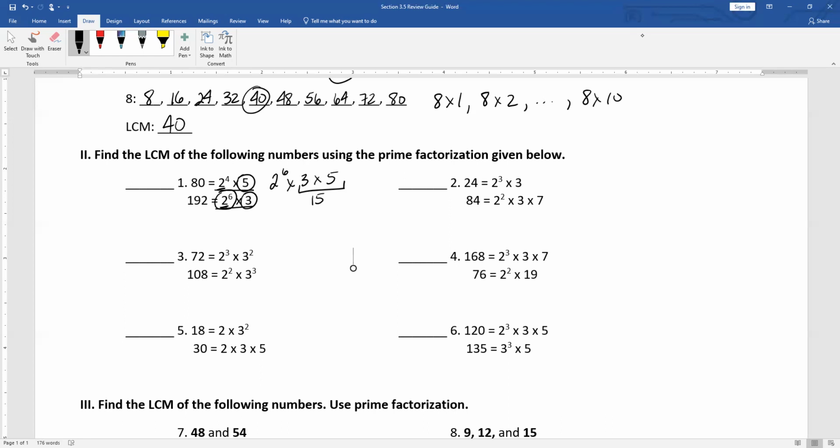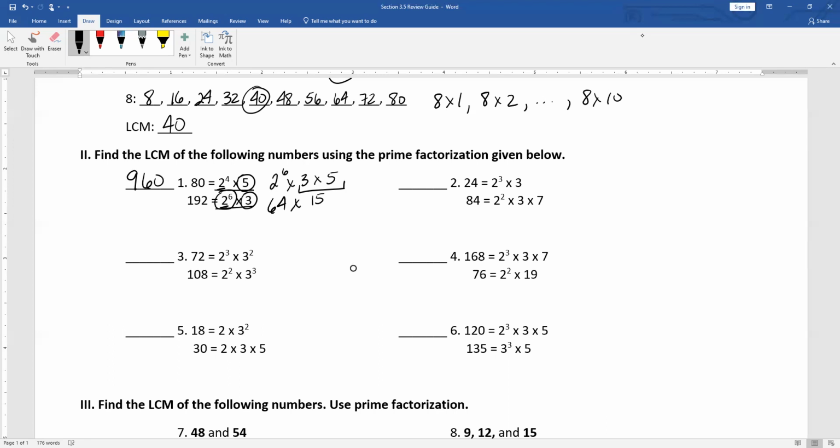Yes, that is 64. So this is 64 times 15, which is 960 once you do the math.